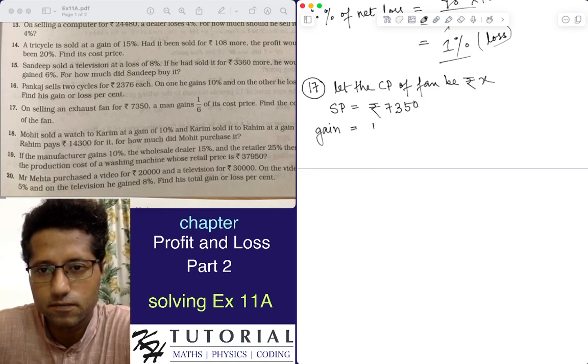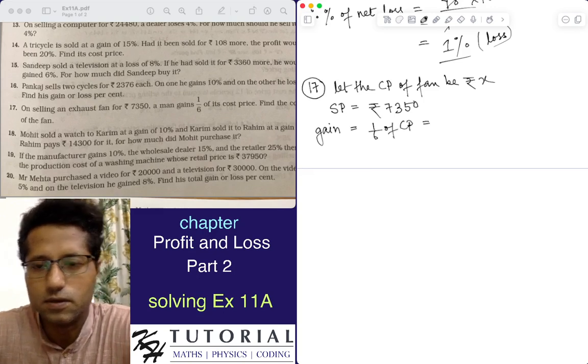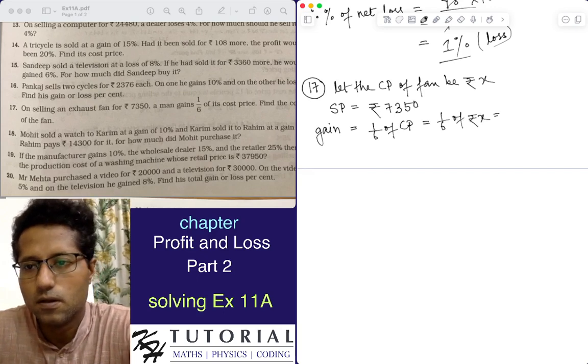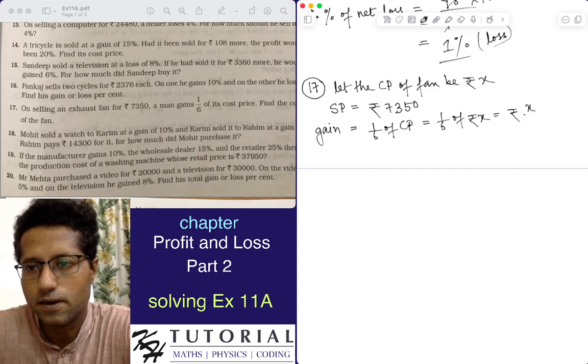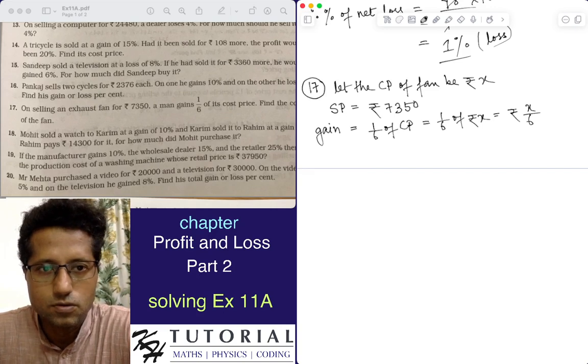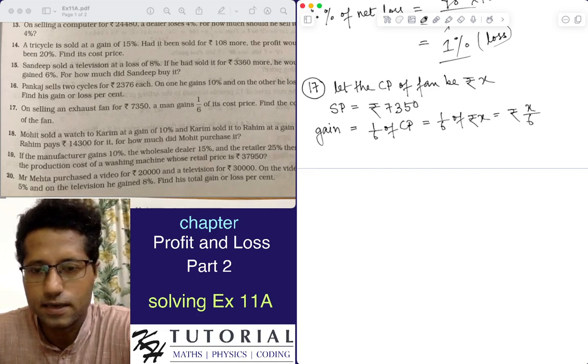1/6 of the cost price is the gain. So gain is 1/6 of CP. This is equal to 1/6 of rupees X. This is equal to rupees X by 6. This is the gain.